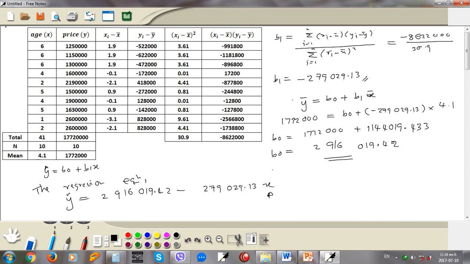What is our x? Or if you like you can write here h, right? This is the equation of the regression line. This is the way of doing the manual calculation.